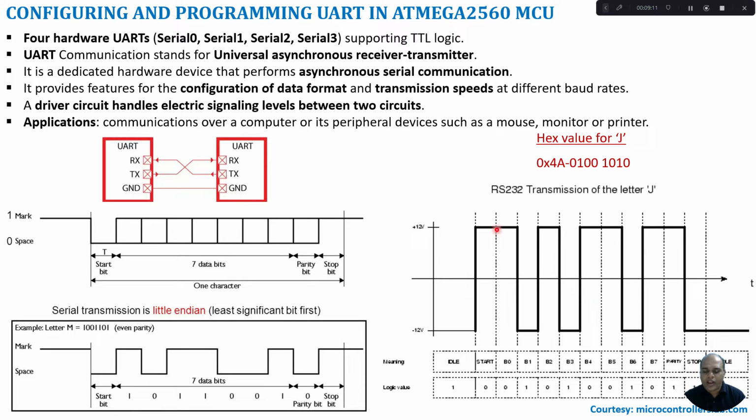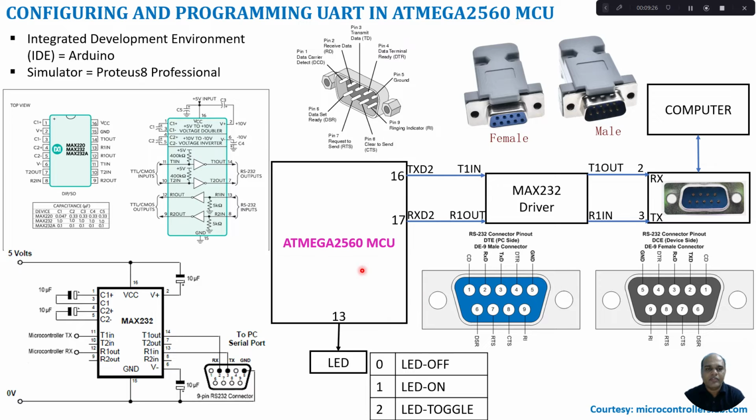In order to convert these voltage levels between a microcontroller and a computer, because in a microcontroller it is a 0 to 5 volt variation whereas in a computer it is a plus or minus 12 volt variation, we make use of a MAX232 IC. Here I show a MAX232 IC, which is a 16-pin IC.